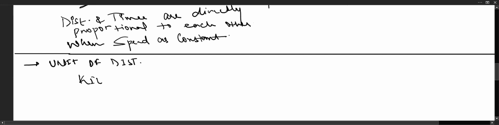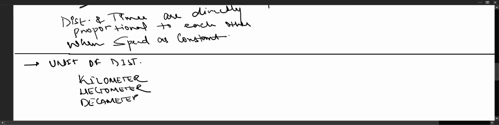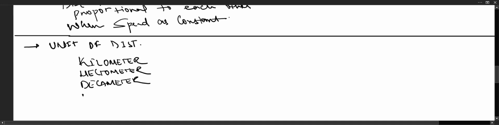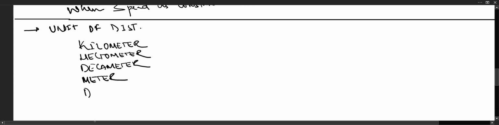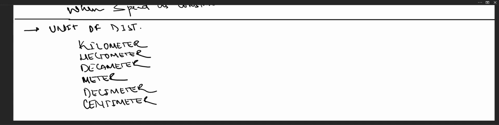Let's say kilometers, hectometer, decameter, meter, decimeter, centimeter, and millimeter.